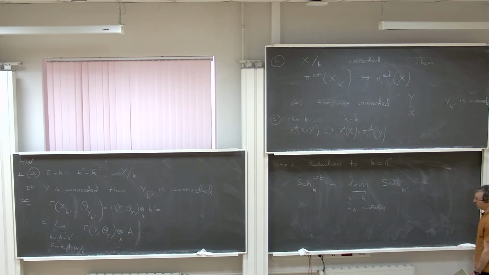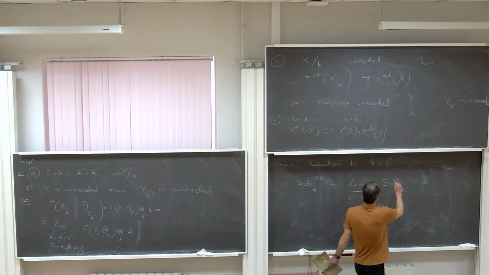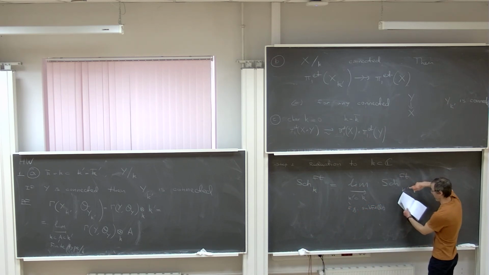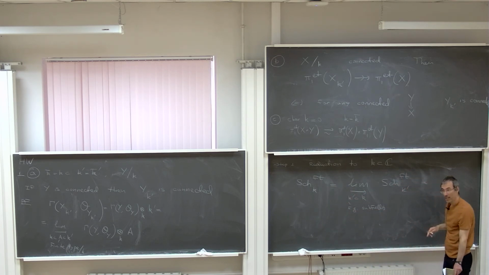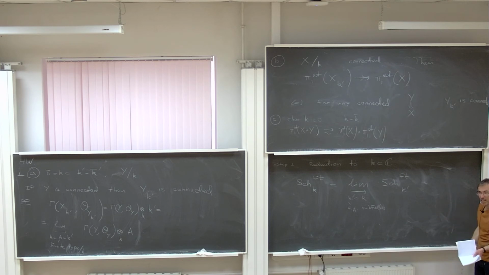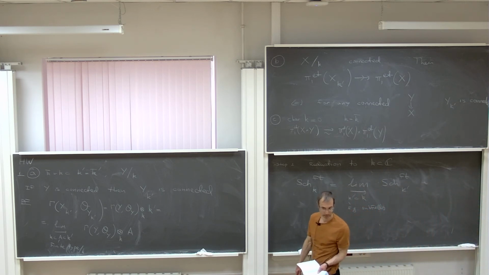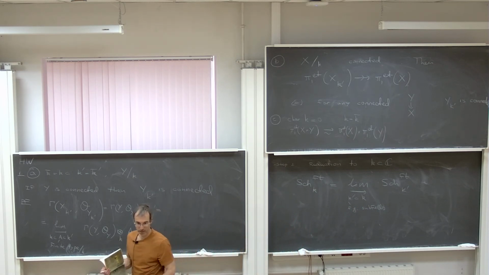So, for example, if your scheme is affine, then, finite type, yes. Well, there is a functor in one direction. If you have a scheme over K prime, you can make a base change and get a scheme over K. In particular, I'm saying that any scheme over K can be obtained by this construction from some finitely generated K prime.